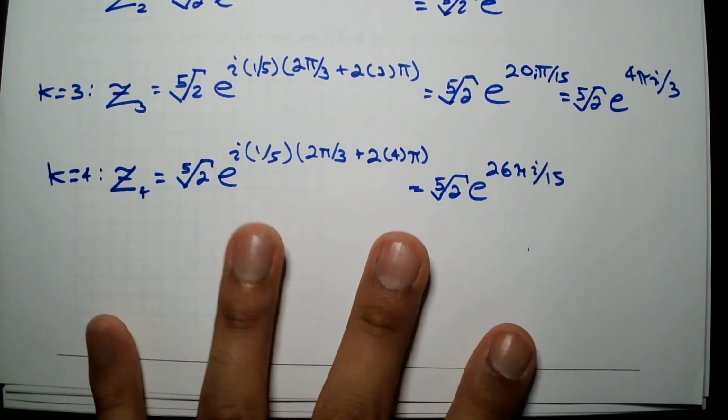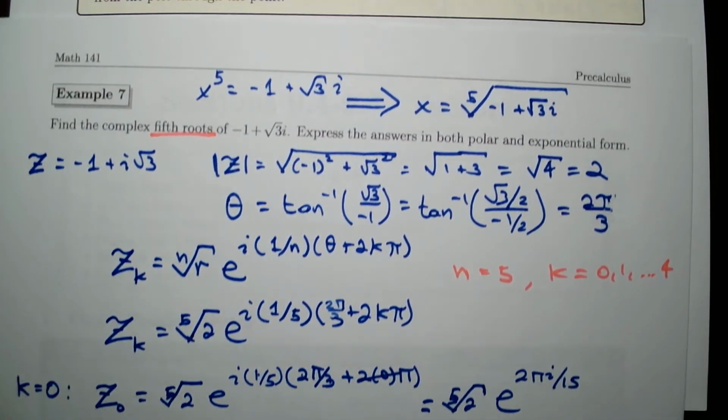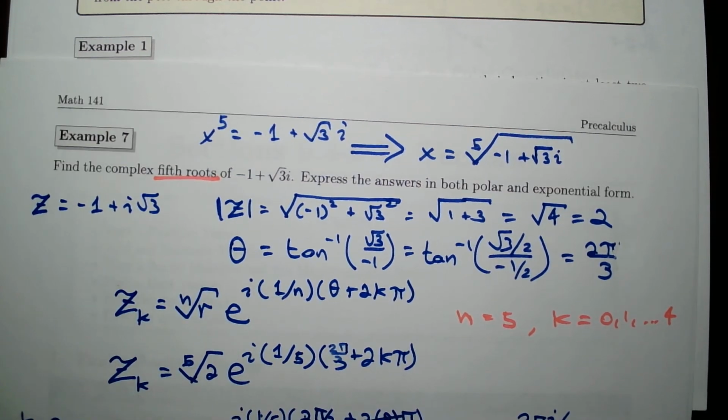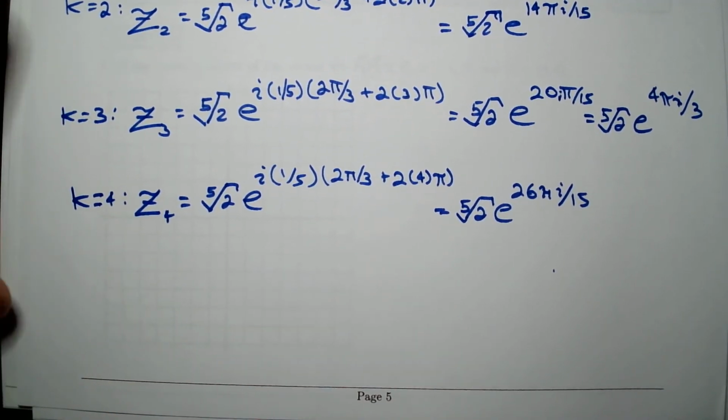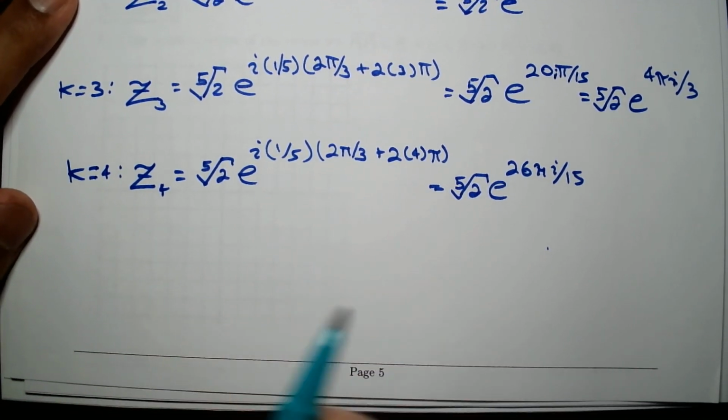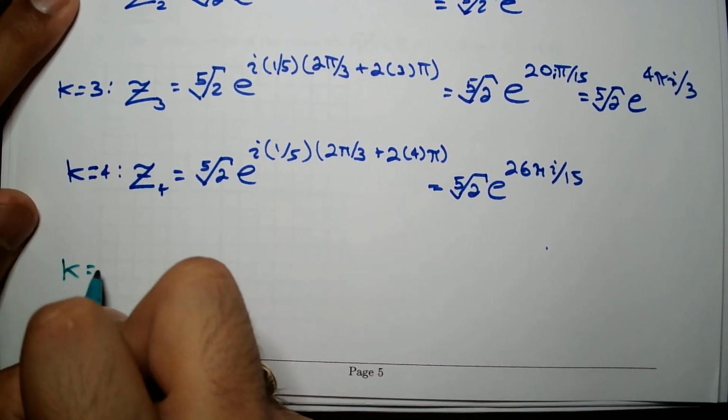Now, suppose for some reason you get confused and by fifth root you go all the way to k equals 5. Let me just do it real quick and see what happens.